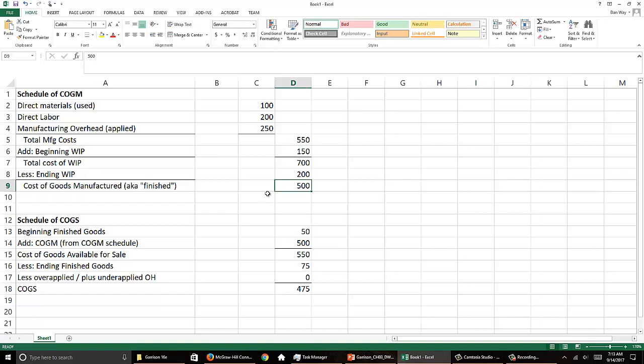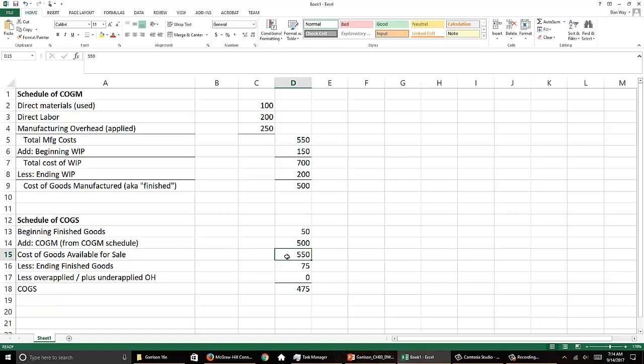We can move that, so to speak, to our schedule of cost of goods sold. So we'll start with our beginning finished goods. Again, if we add our cost of goods manufactured from a moment ago, we'll come up with our cost of goods available for sale. So what did I start with that was done and ready to sell? What did I add to it from my cost of goods manufactured schedule?